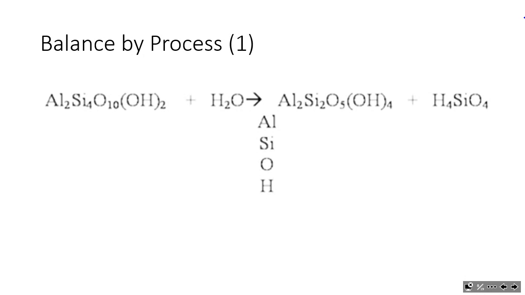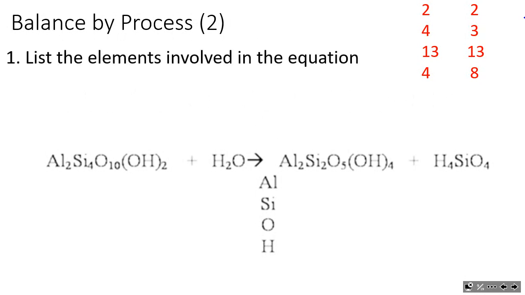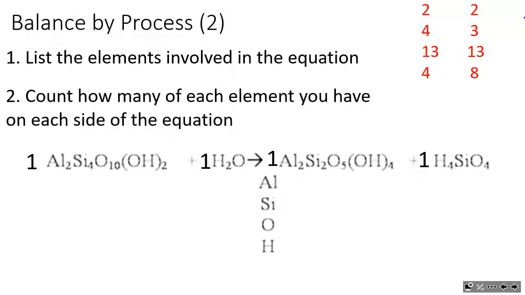So that one would be fine. List the elements and then the ones. Remember your ones. Count how many of each atom there are. So 2 aluminums there and 2 on the right.